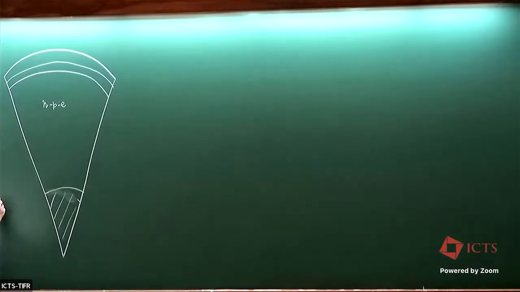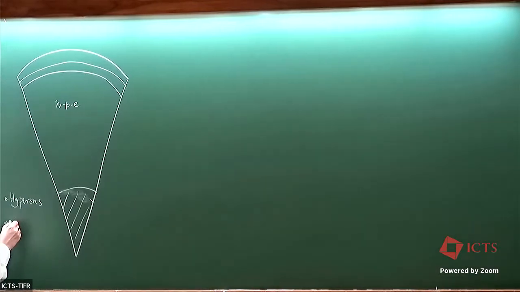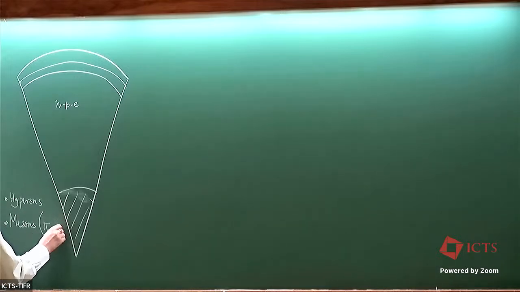So you could have hyperons, then mesons, pi, k, etc., which I'll come to in a moment, and then you may also have quarks.